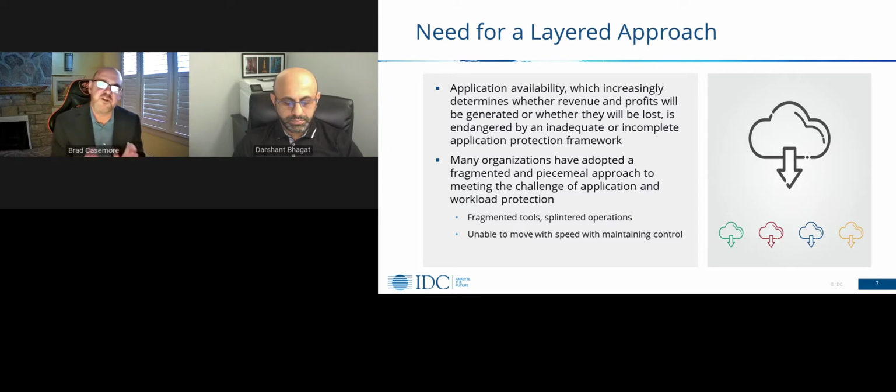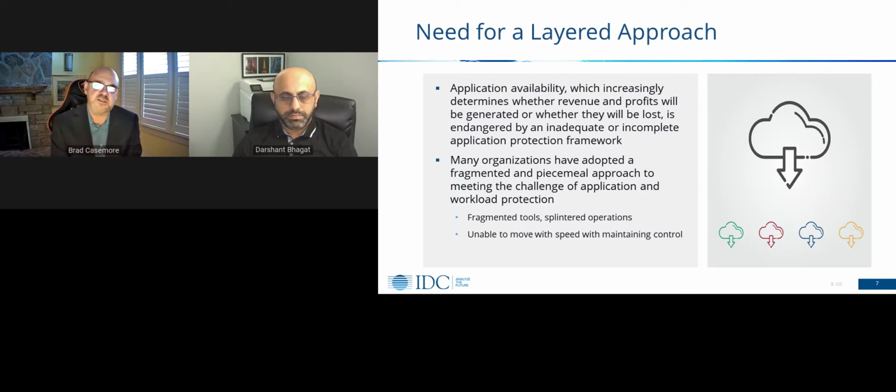You have fragmentation not only in terms of number of tools, but also fragmentation in terms of operational ownership and RBAC and other capabilities. And that means you're unable to move with the speed of the business while maintaining control, that theme I talked about earlier, where you not only want to be able to support agility, you don't want to be able to say to your organization, no, you can't do that, because the risk profile is too high.